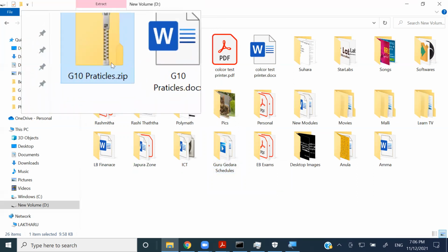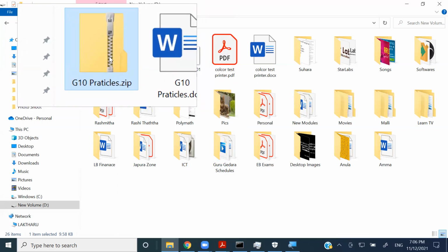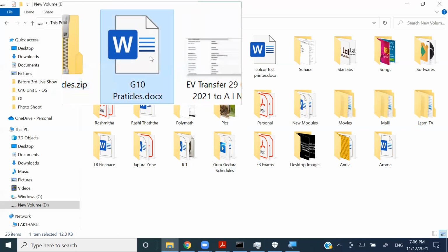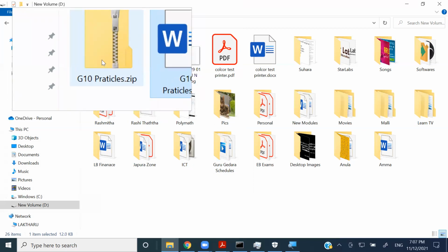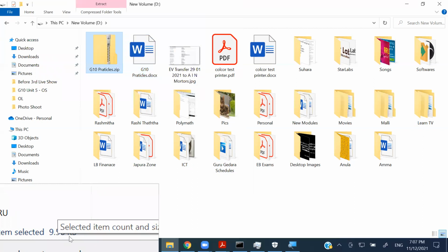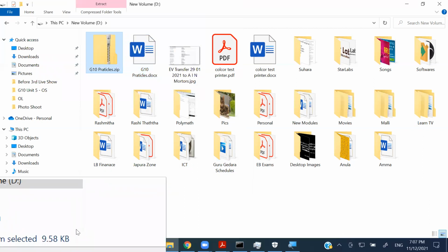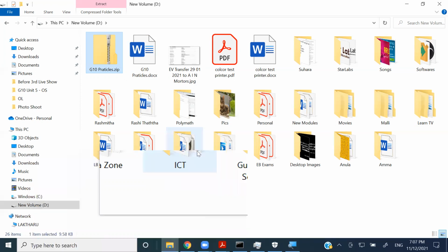Now, if you take a look at the capacity of this, you can remember G10 Practicals had 12 kilobytes, but the G10 Practicals zip folder is having only 9.58 kilobytes. So the size is reduced, right? This will be very helpful when you are emailing things.